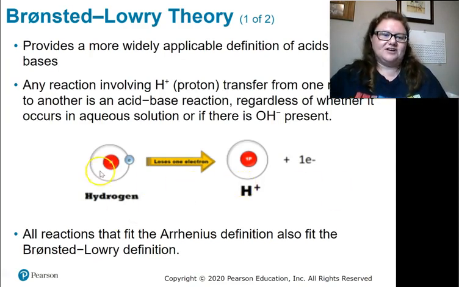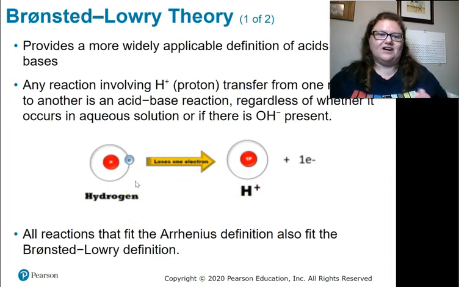And so if hydrogen is defined as one proton, one electron, if it leaves the electron behind with the anion, it's now just a proton. And so that's why we can call a hydrogen ion a proton. These are used interchangeably in chemistry, so just be careful. They are talking about the same thing. So just be up on that terminology.